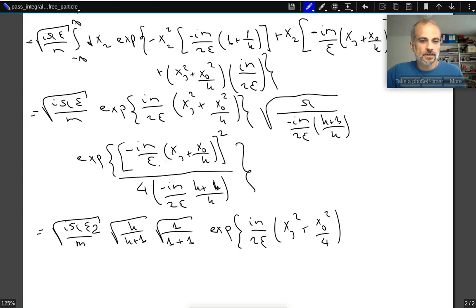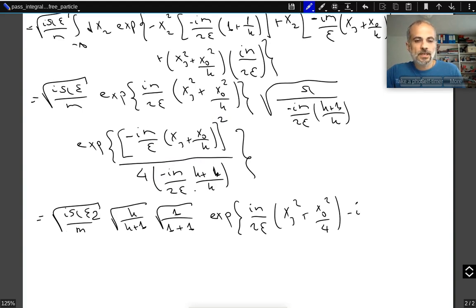Then let me simplify this a bit. We have the minus i squared, that is minus 1. Minus 1 divided by minus i is minus i, just minus i. And then we have m squared divided by m is m. Over here there is 1 over epsilon squared. This just goes to the numerator, so we have epsilon.